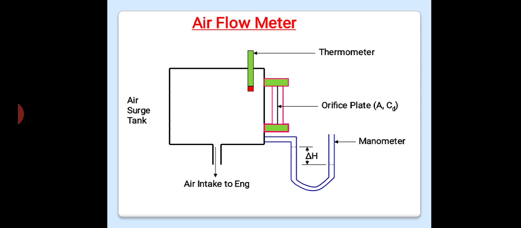The surge tank is connected to the intake side of the engine with an orifice cross section of known coefficient of discharge. The pressure difference causing the airflow is measured with the help of a water manometer.